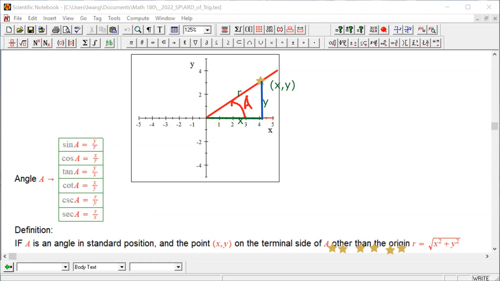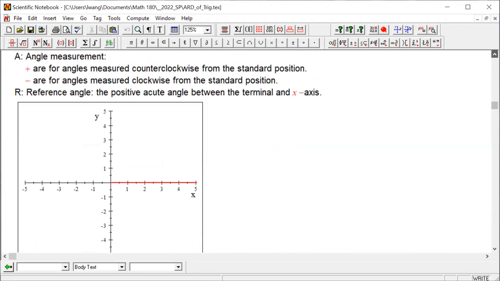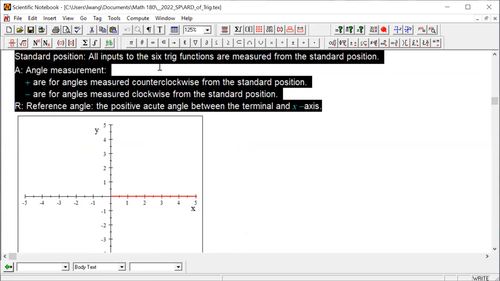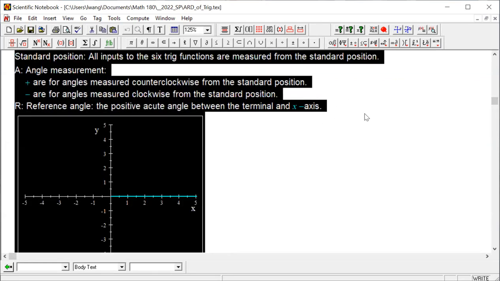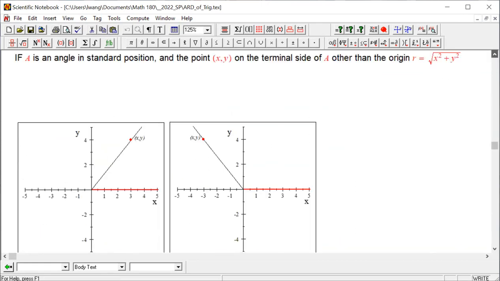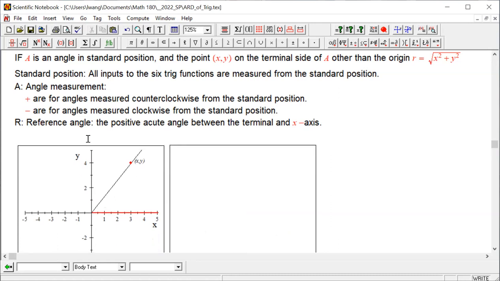From the standard position, we're going to discuss these four cases. I'm going to bring the standard position along with us. The first case: we're going to do sine first.